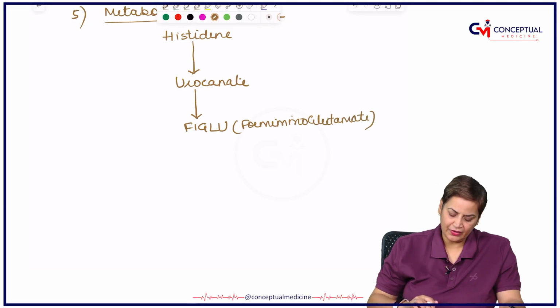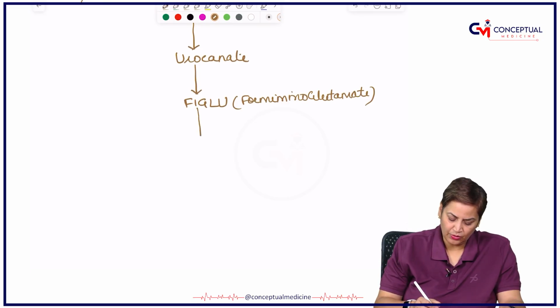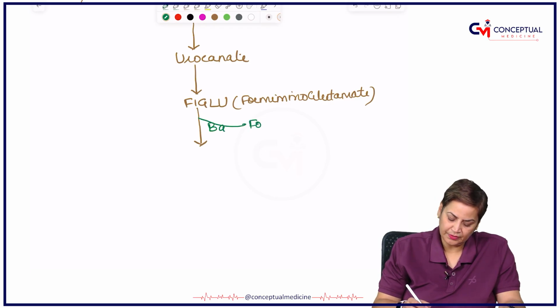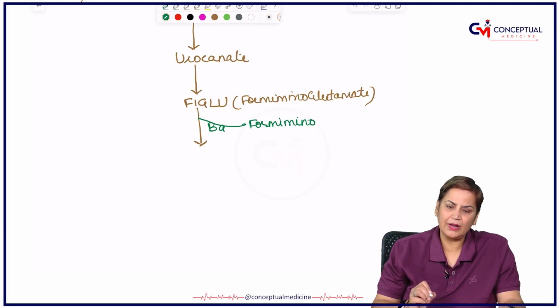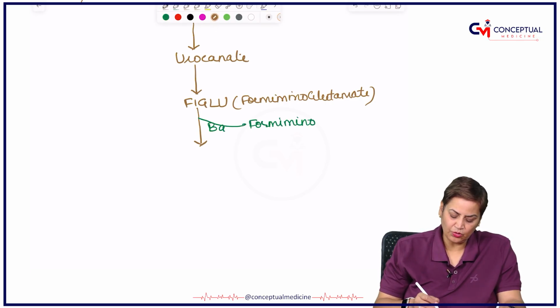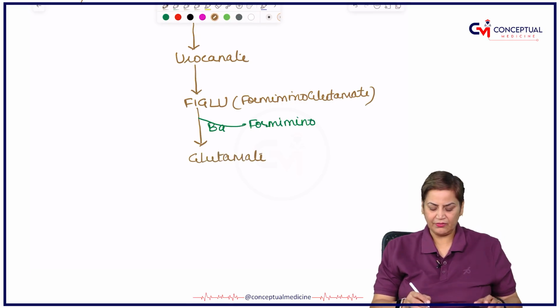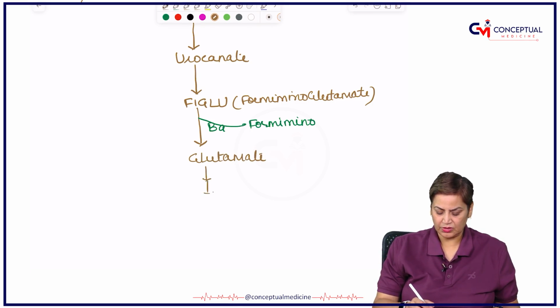Right. So what will happen here is this FIGLU in the presence of B9 will give this formimino group, right, and it will be converted back to glutamate. Right, glutamate which can further form glucose, or is glucogenic.